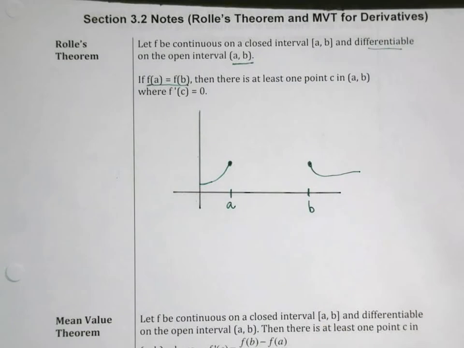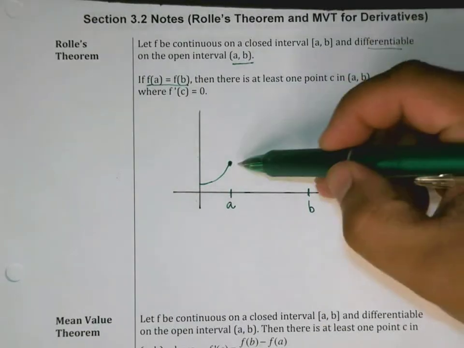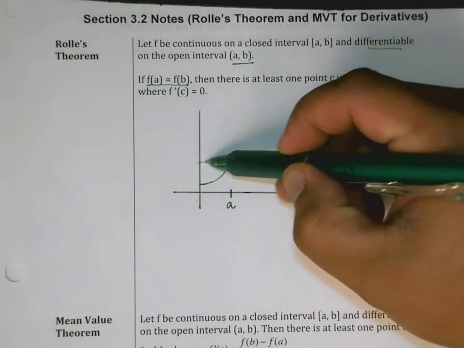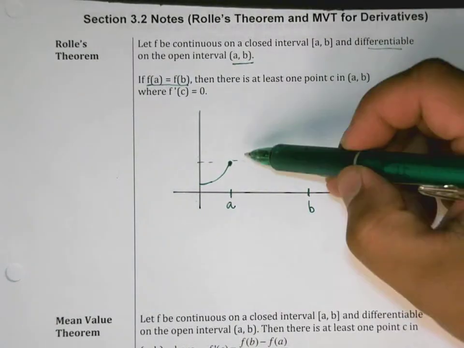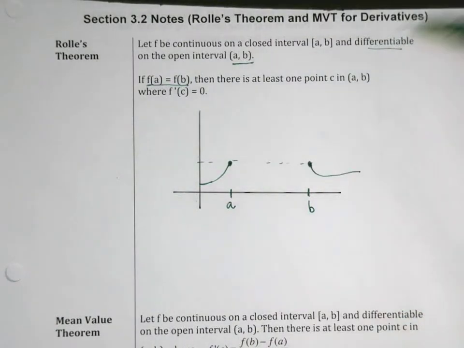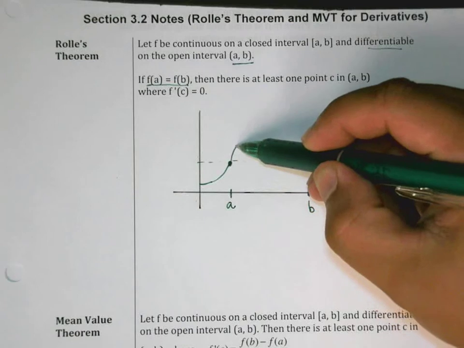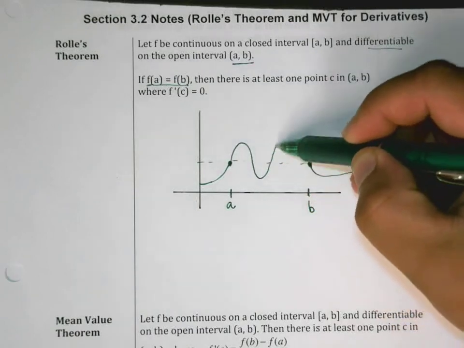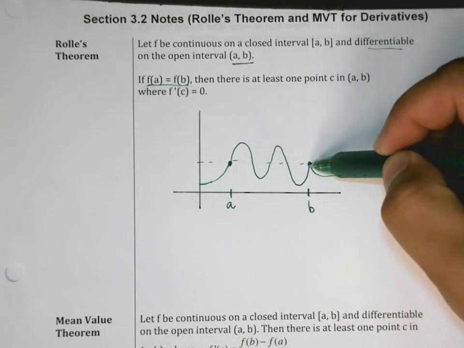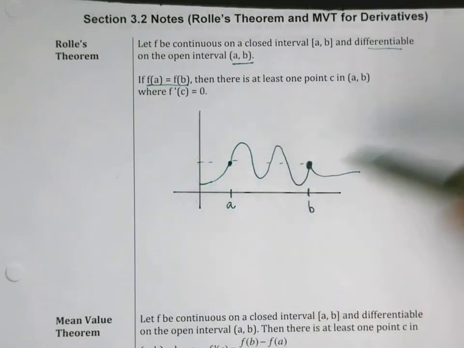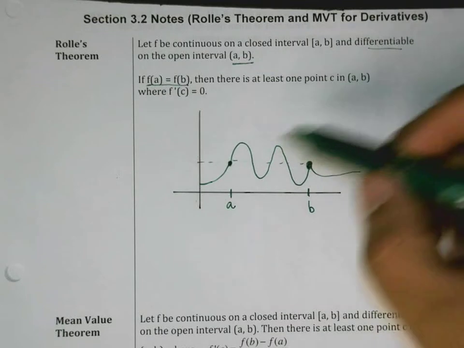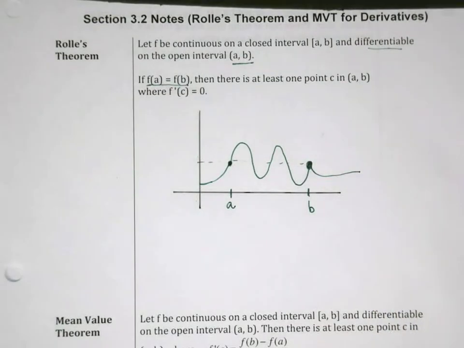In between here, f(a) is equal to f(b), so the y values of these are the same. What this theorem says is no matter how you draw this, and you can get really crazy as long as you make it differentiable from a to b exclusive, there's got to be a point somewhere in here such that the derivative at that point is equal to 0.